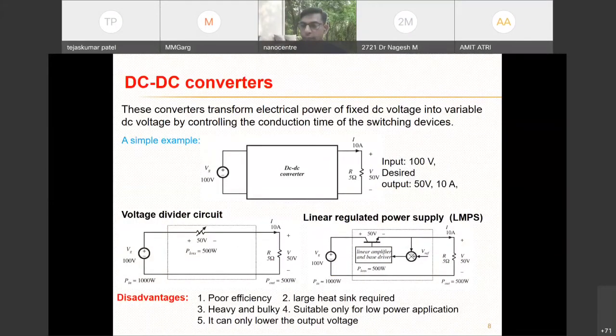So we see that there are many converters, and in fact the DC to DC converter is also a building block of these microgrids. So when the DC microgrid is considered, how to design a controller for the DC to DC converter and how to model it are all necessary from a research point of view and from a fundamental point of view as well.